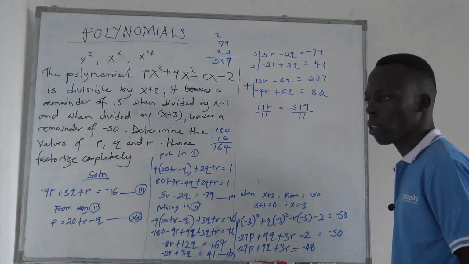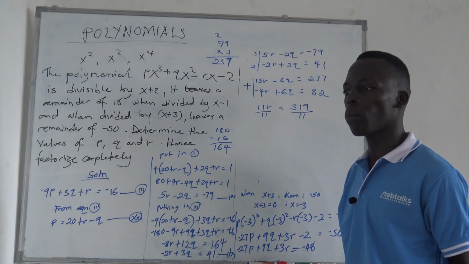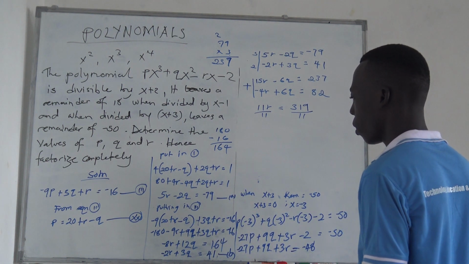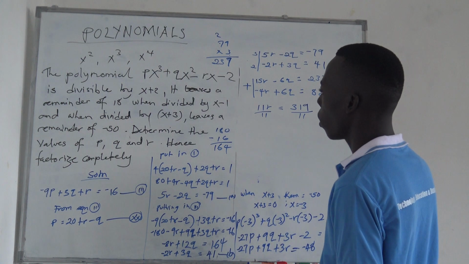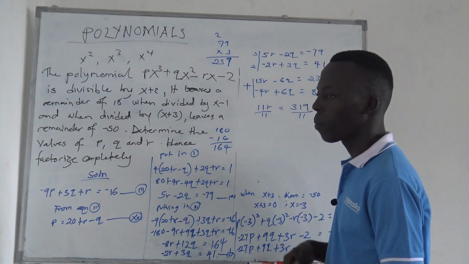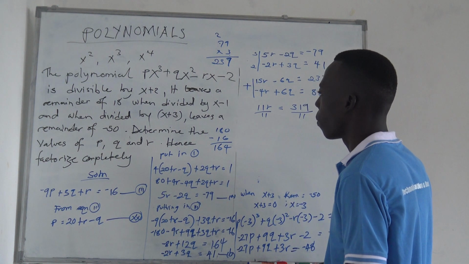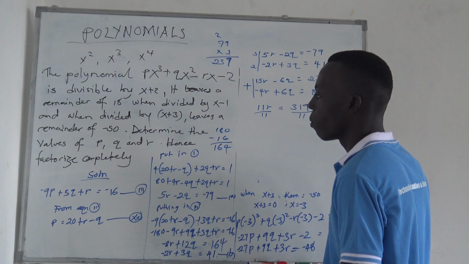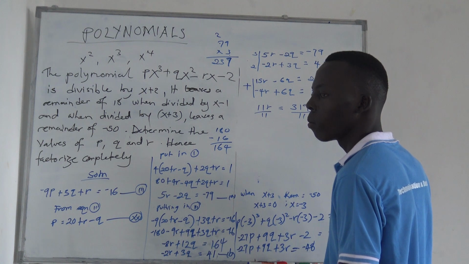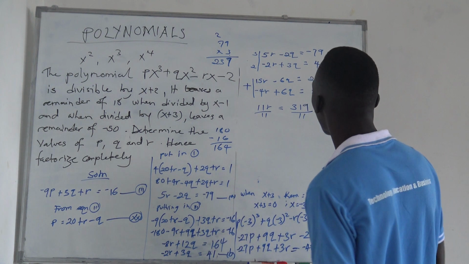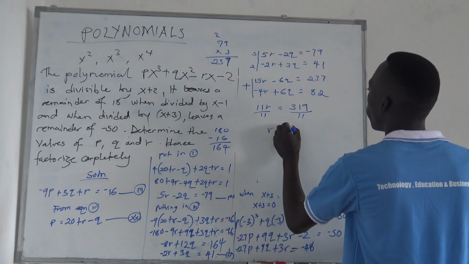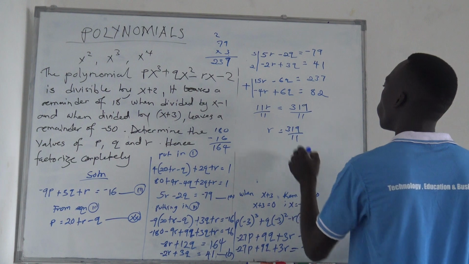So divide both sides by 11, then we get R is the same as 319 over 11.